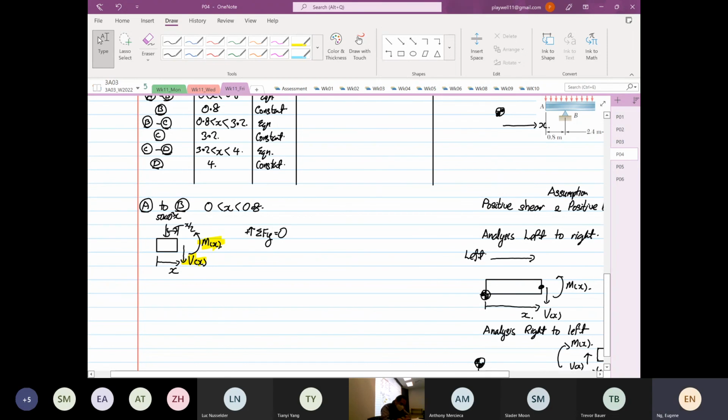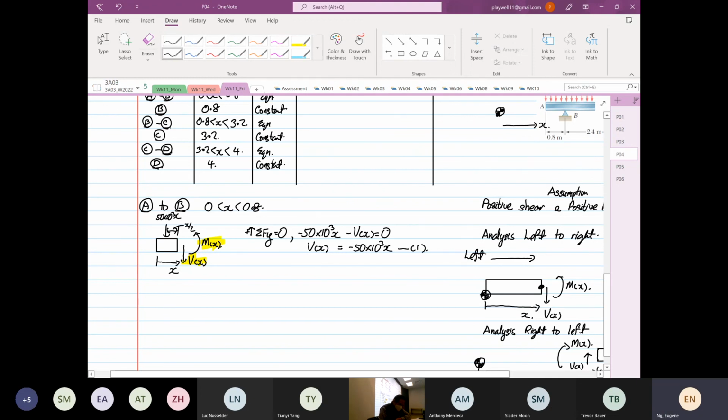We will write this down as minus 50 times 10 to the power 3 x minus V as a function of x is equal to 0. V as a function of x is equal to minus 50 times 10 to the power 3 x. So that is our equation number 1.